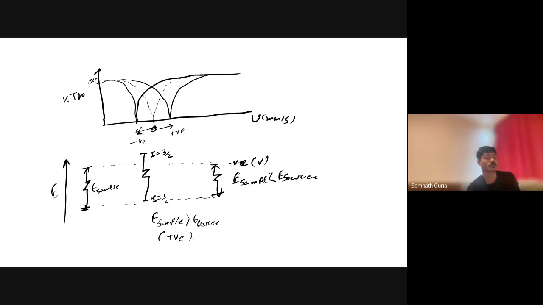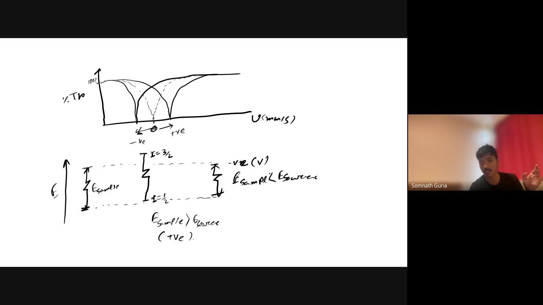So that means if we have higher electron density in the d orbital, then the s orbital interaction will be less.